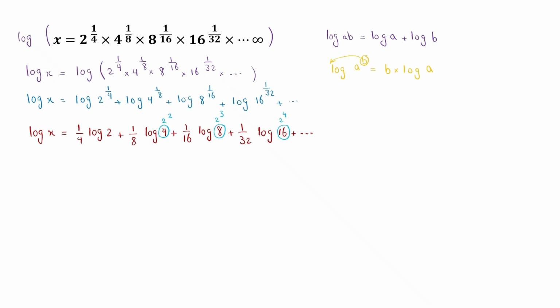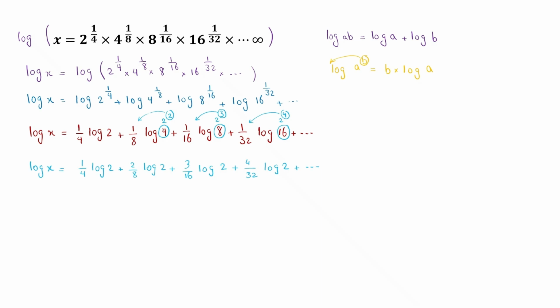So again, if I use the previous rule, it can be written as log of x equals 1 over 4 log 2 plus, this 2 goes just here, so 2 over 8 log of 2 plus, now this 3 goes to here, so 3 over 16 log of 2, plus, now this 4 goes to here, 4 over 32 log of 2, and so on.